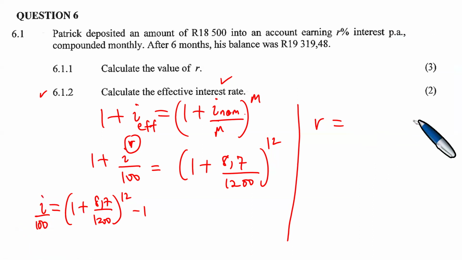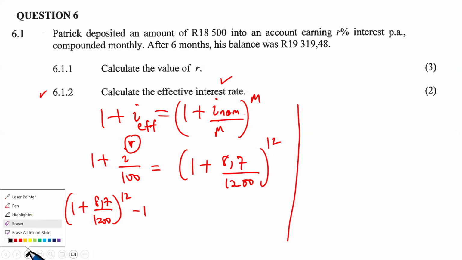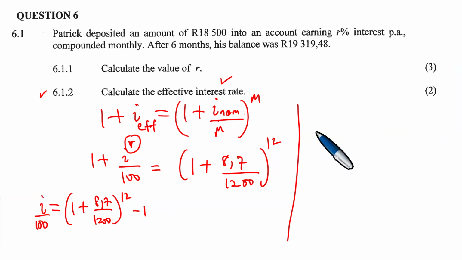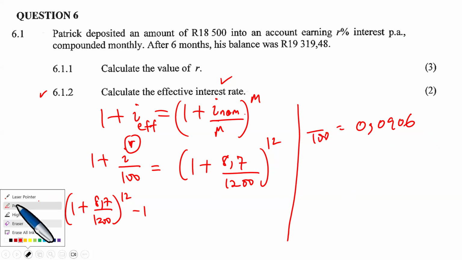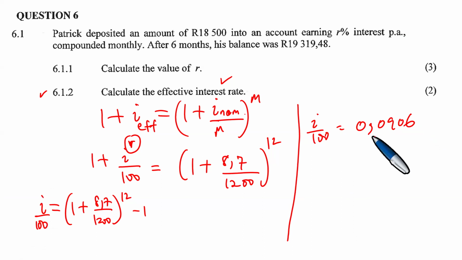We have seen, therefore, which means that R over 100 is 0.0906. Okay, it's an i here. Put i here like this. And then if you cross multiply, what do you get at this point?